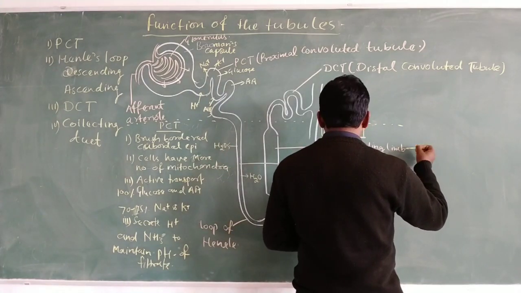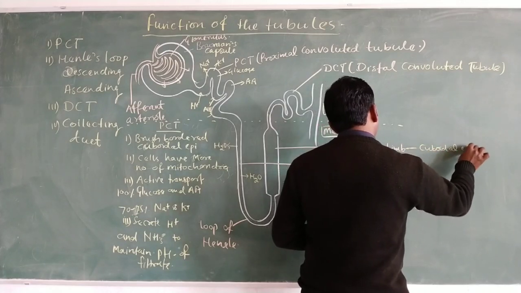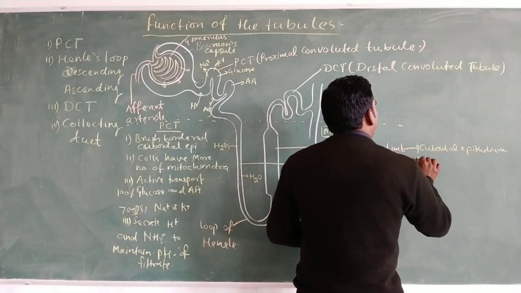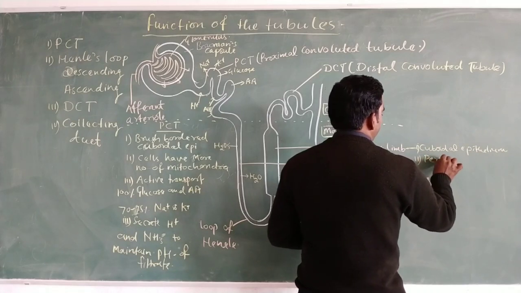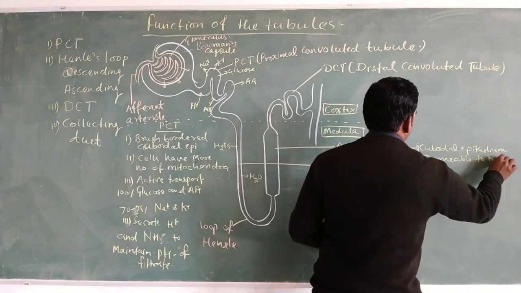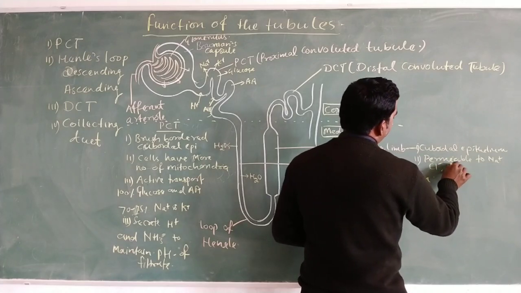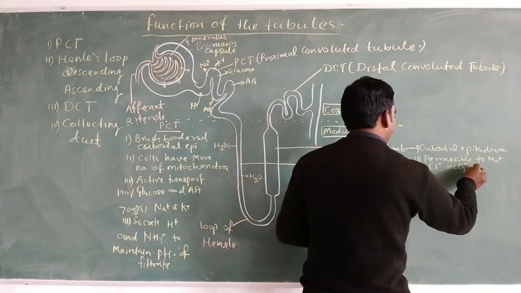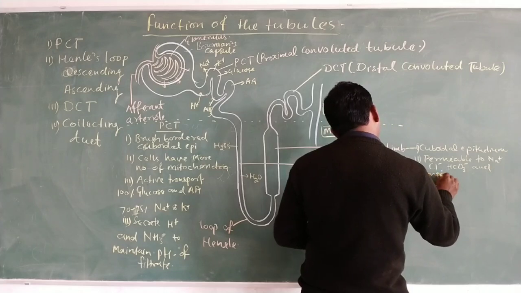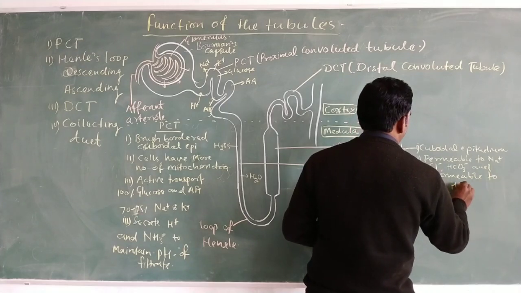The feature of the ascending limb is that it is made up of cuboidal epithelium, and it is permeable to sodium, chloride ion, and bicarbonate ion, and impermeable to water.